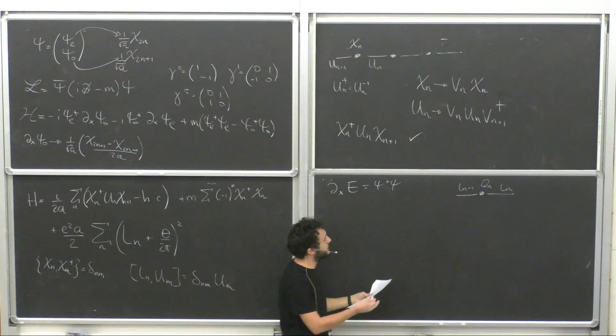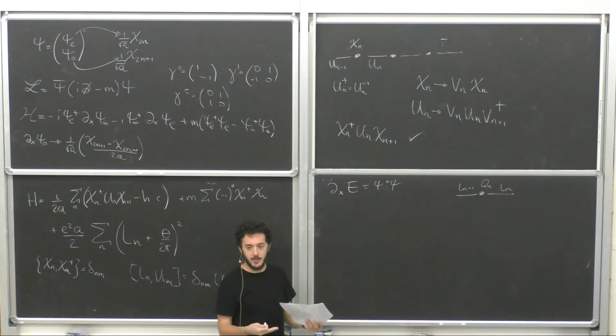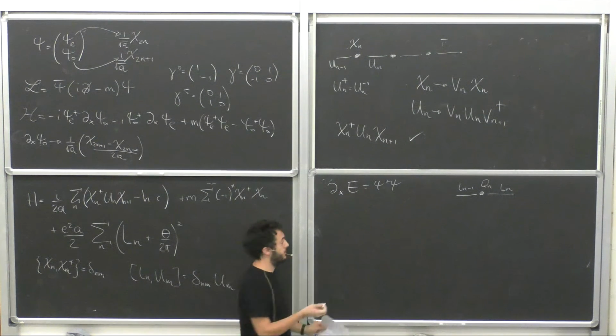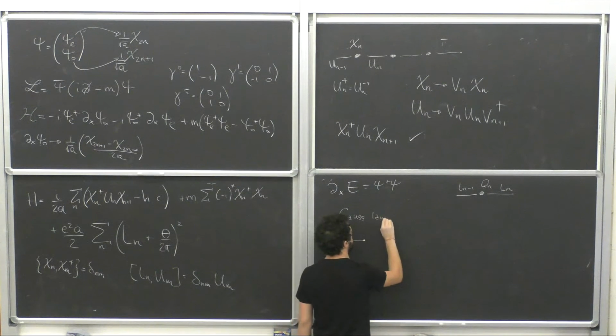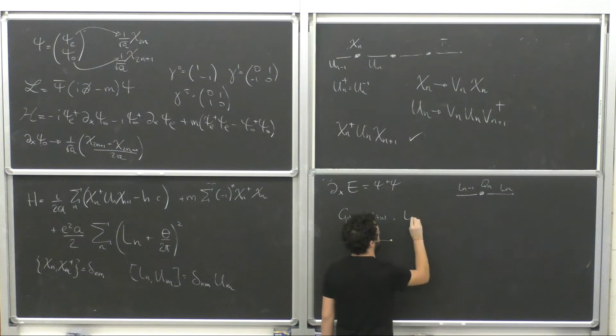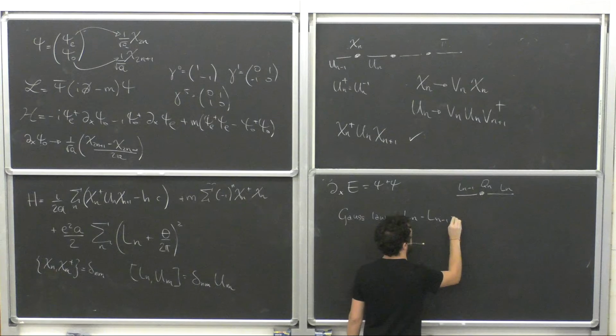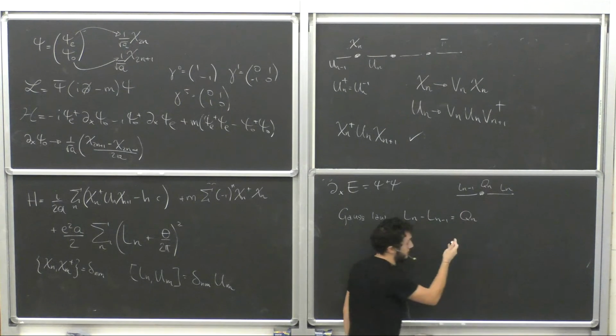What I want to do is to implement invariance under small gauge transformation, and this is what it does. But I haven't told you what Qn is.